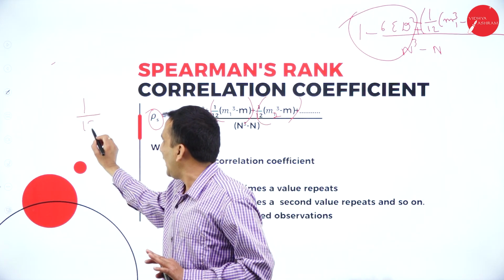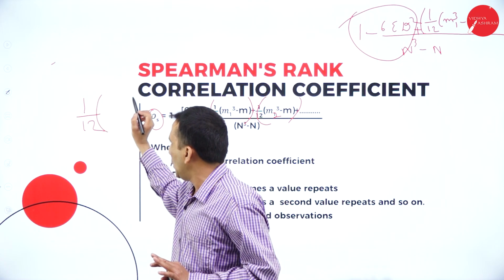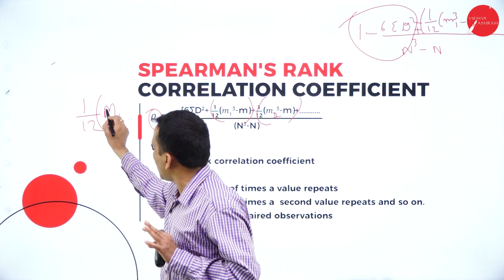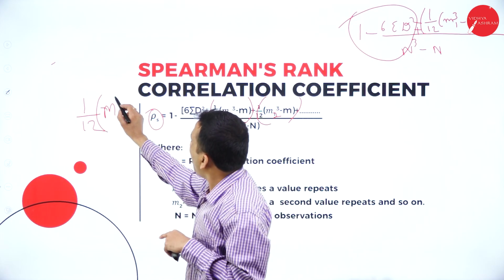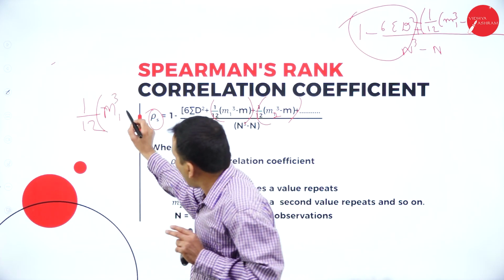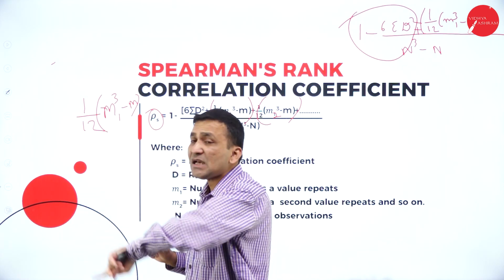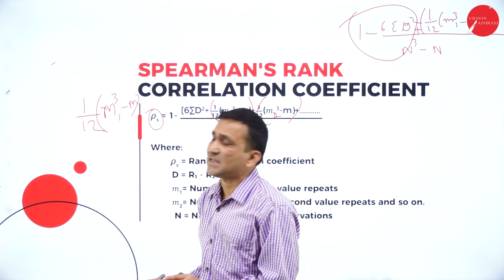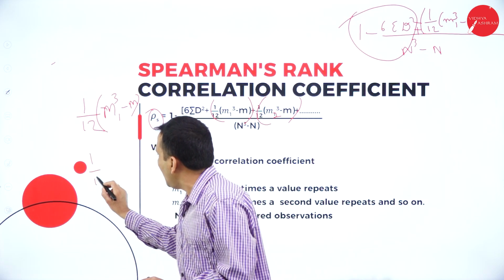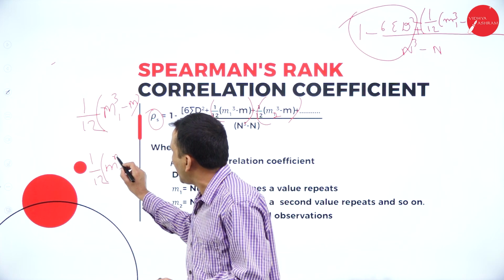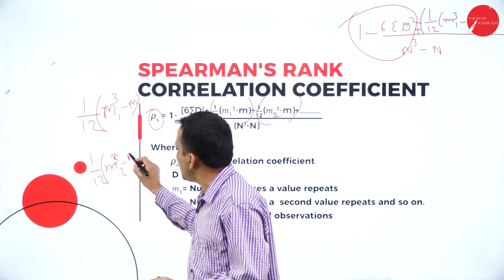So 1 by 12 into M, small letter m for the first student, to the power of 3, again minus M for the first student. Now in case of the second student, where the same marks are assigned, the same thing: 1 by 12, M2 to the power of 3 minus M2.